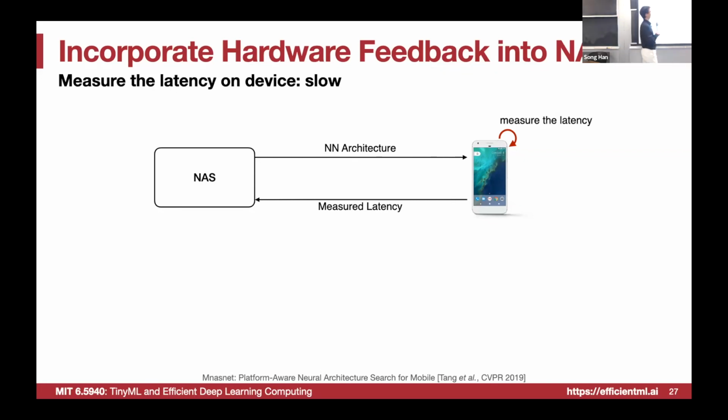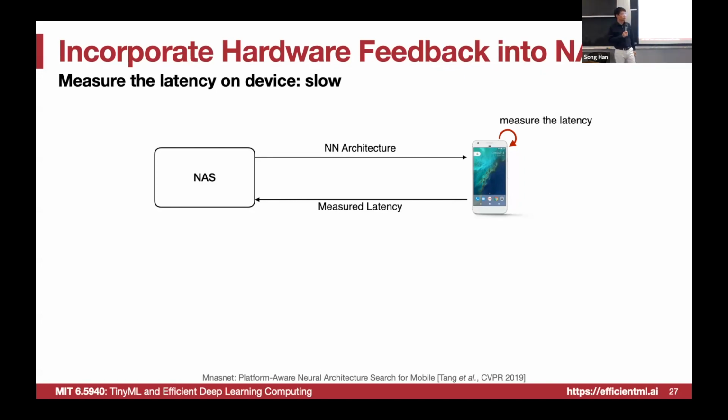One naive approach, certainly we can measure the latency directly. What is the drawback here? To directly measure the latency and feed it back to the neural architecture search loop. Very slow, right? It can be very slow. It's manual, it's very slow. And also it can get heated, get hot.